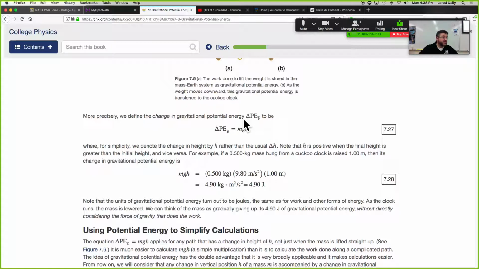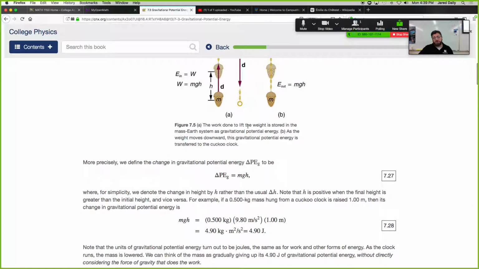It just depends on where you consider the 0 point to be. And every problem, you're going to have to choose a 0 point and stick with it. And it doesn't matter where it is. Sometimes it just makes sense to pick a certain point, but once you pick your 0 point, measure all your height differences from that point, either up or down. Up for positive, down will be negative in most cases.